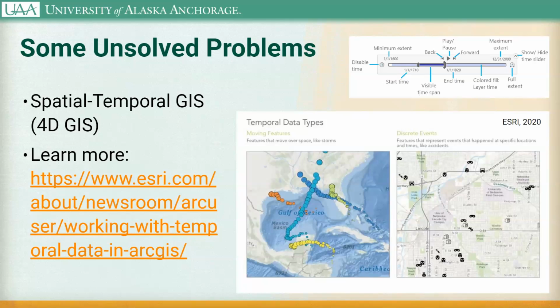And there are so many different things that you can do with that. Now you've taken your 2D map and you've added a temporal dimension to it, and you can watch that change over time in sort of a time-lapse environment.